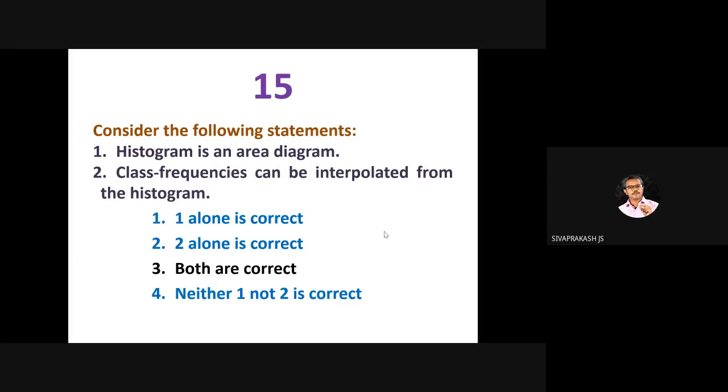Say we take 10 to 20, 20 to 30, 30 to 40, 40 to 50, 50 to 60, with frequencies 4, 5, 6, 3, 2. Can we draw the frequencies? Statement 2 says area diagram, that is area. So what are they asking? Can frequencies be interpolated, can you infer, can you tabulate from this? Yes, so it's easy. The frequency is on the top and the class interval below, so both the statements are correct.